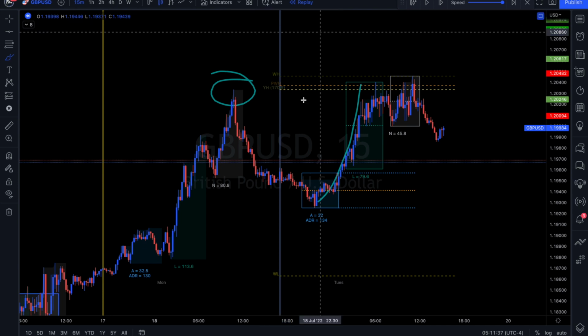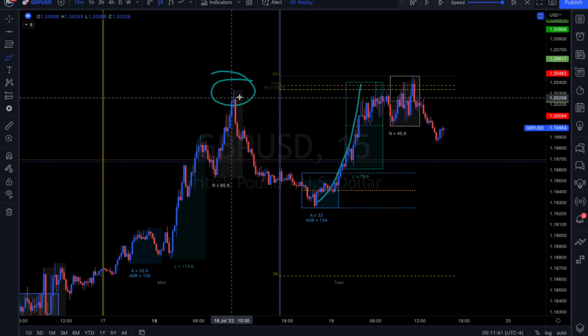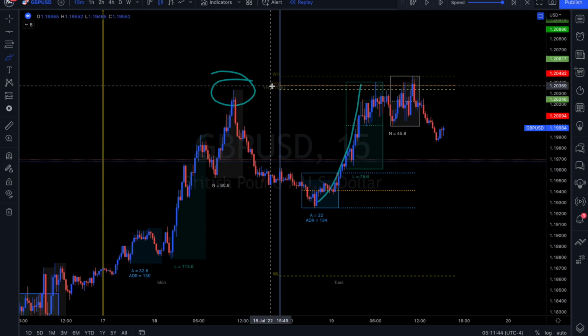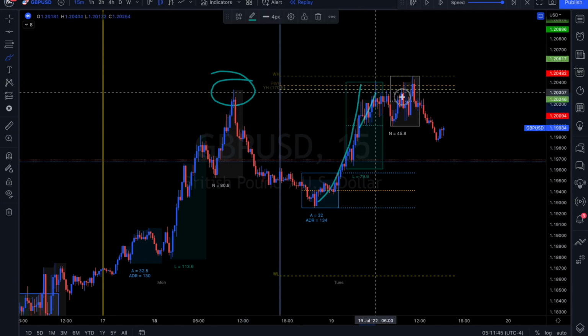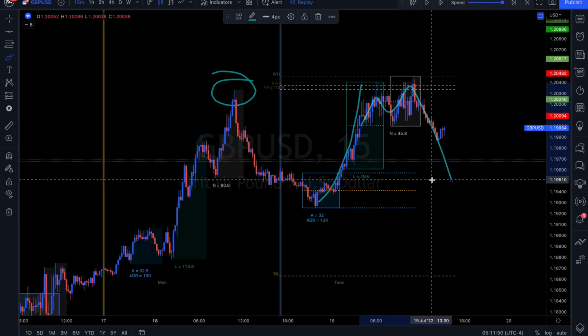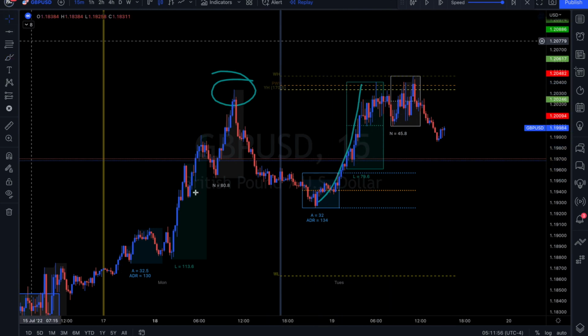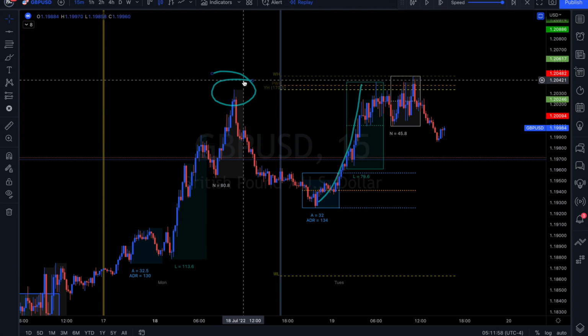So market makers took price to yesterday's high, but also previous week's high, and then created the pattern to trade. Okay, so in these kinds of situations, this is where these lines of previous day structure and previous week structure are going to help you.